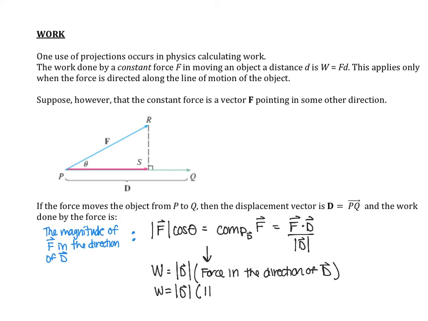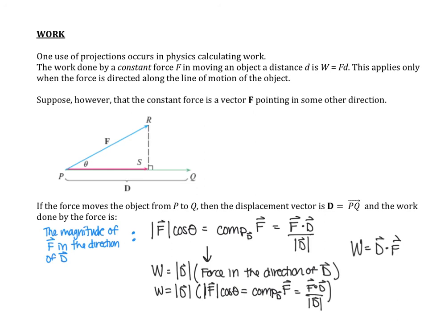So the magnitude of force times the cosine of theta, which is the same as the component of force in the direction of D, which is equal to, oops, sorry, that was supposed to be an F dot D over the magnitude of D. So all of those are equivalent. So essentially what we have is that work is equal to the vector D dot vector F.